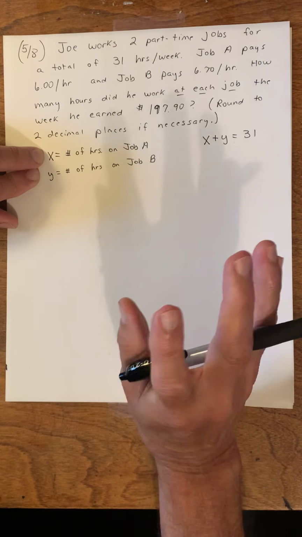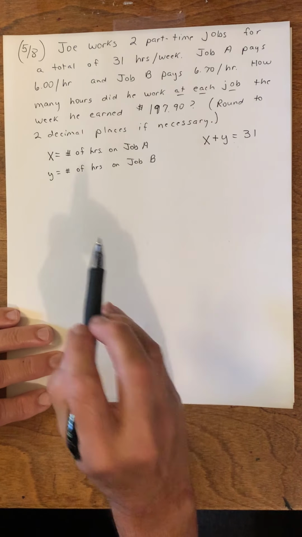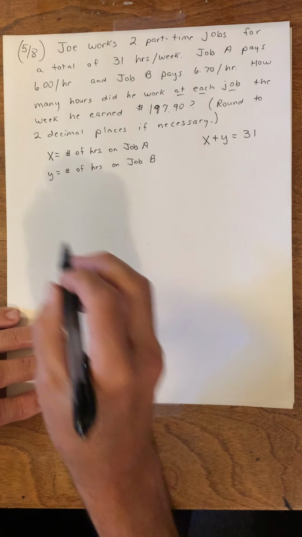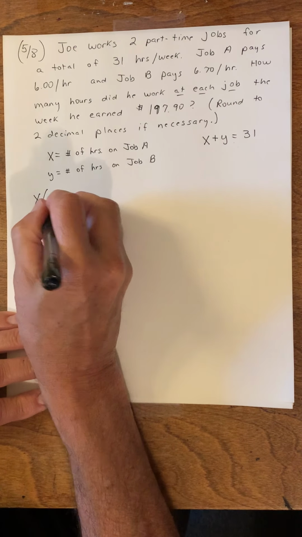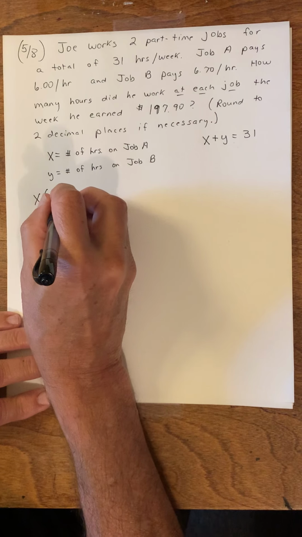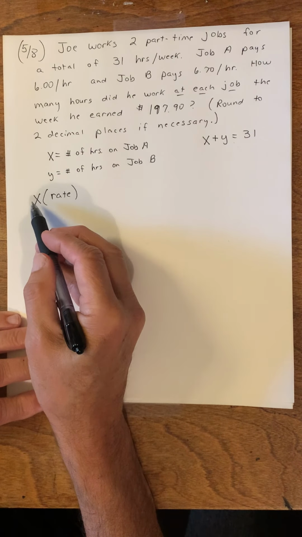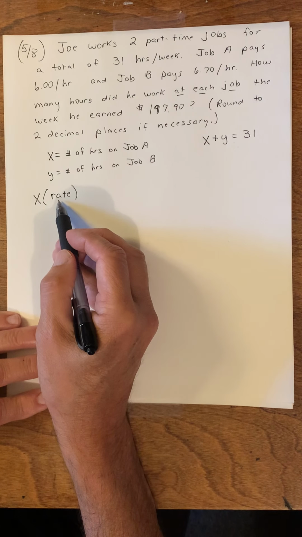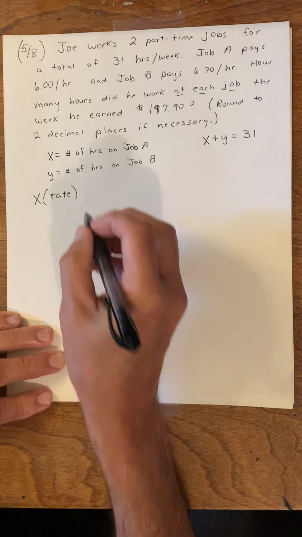Now, how is he going to get paid? Here's how somebody's going to get paid if they're working 2 jobs. First of all, the number of hours he works at a particular rate, that's how much he gets an hour. Like if it's 4 hours at $6 an hour, 4 times 6 is $24 he gets.